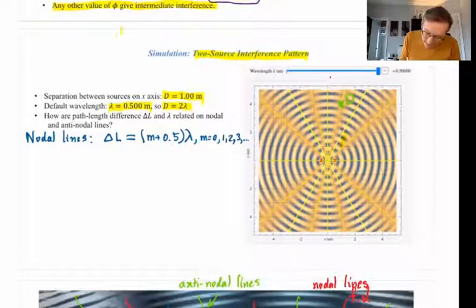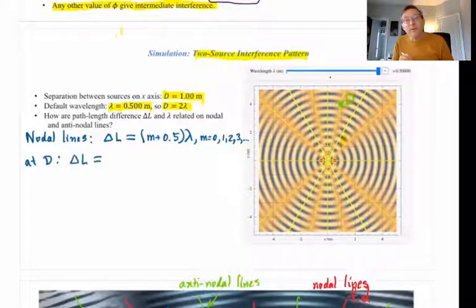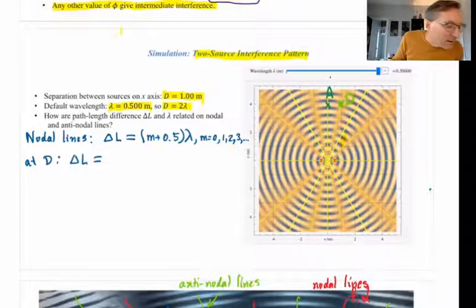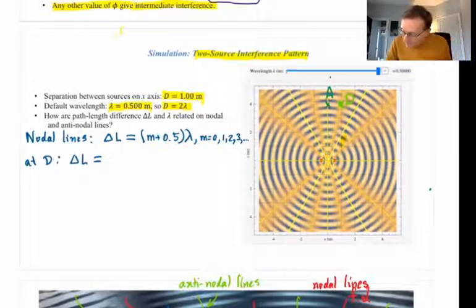So at point D, what must be the path length difference? I'm going to infer it. I'm not going to do a detailed calculation. Again, at point A, which was over here, we had a delta L of 0. At point B, which was here, we had a delta L of lambda.